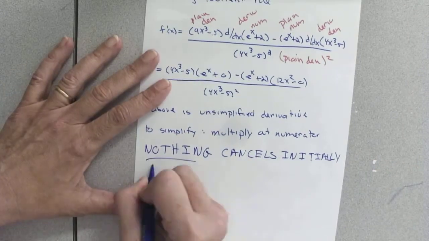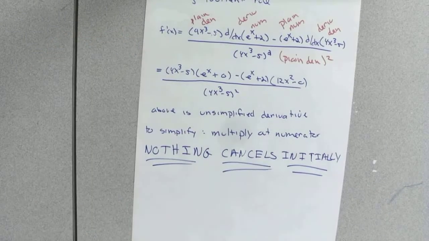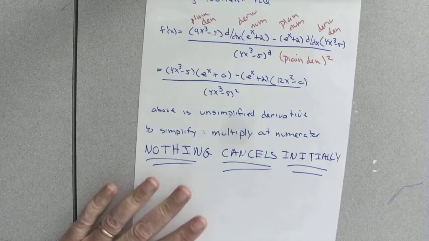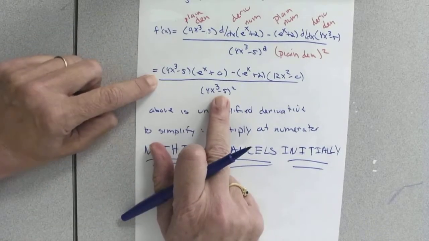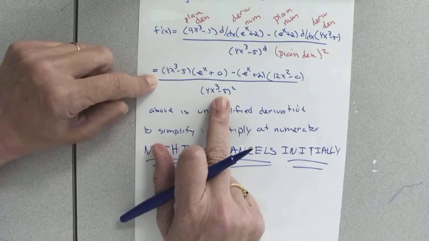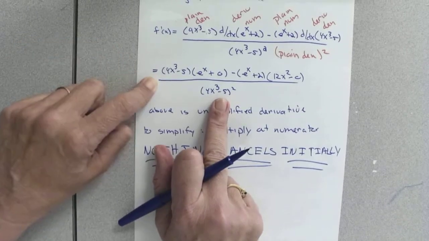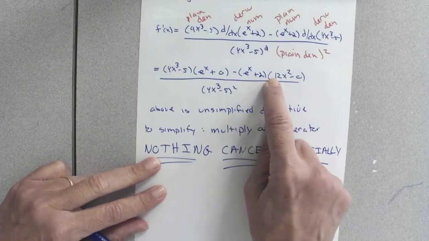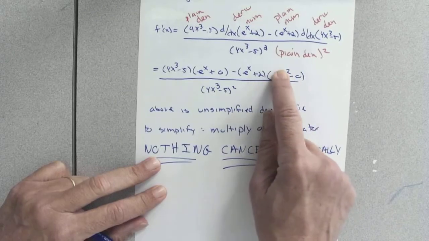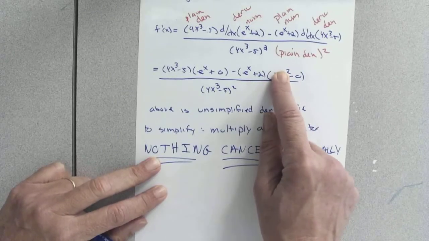Nothing cancels initially. Yet, a good 1/3 to 1/2 of the class are going to cancel those guys. And that is just wrong, and I will punish you harshly for it. In a fraction, you don't cancel just term-wise. It's everybody or nobody. And since there isn't a 4x cubed minus 5 over here, nothing cancels.